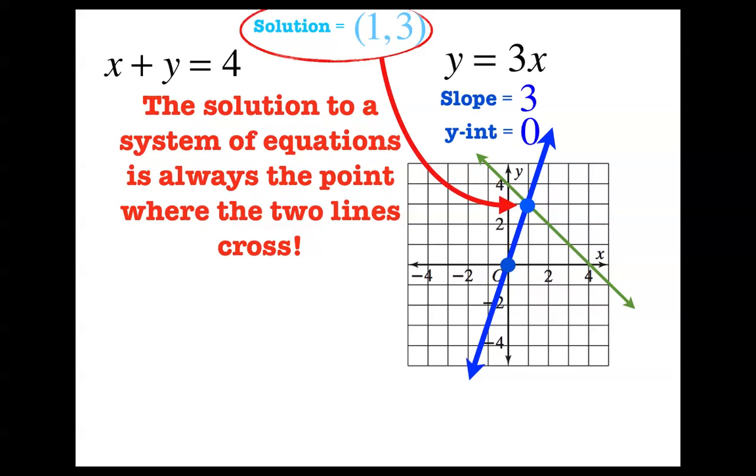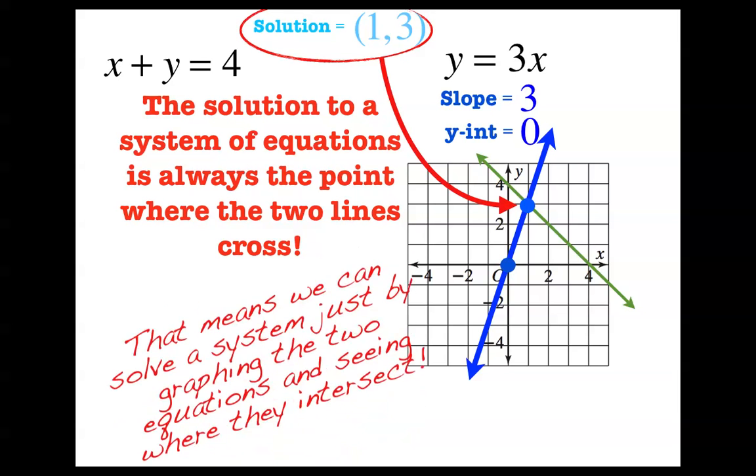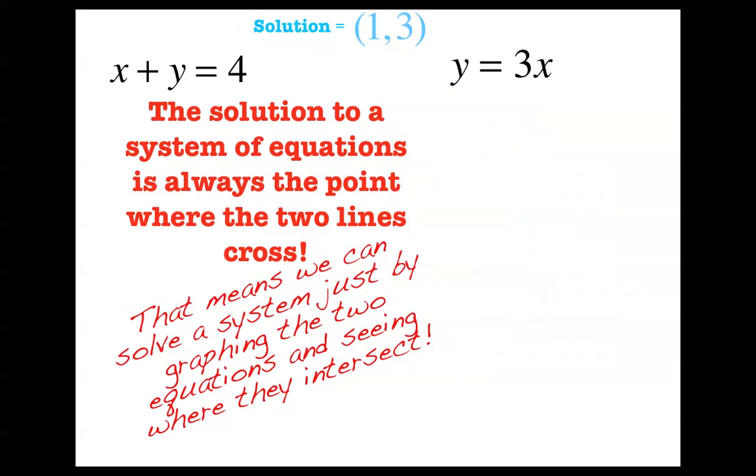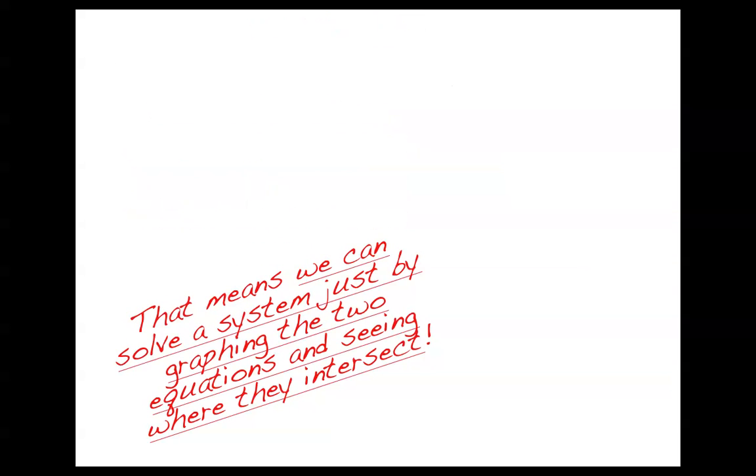Amazing! The solution to a system of equations is always the point where the 2 lines cross each other, the point where the 2 lines intersect. And what that means is we can solve a system just by graphing the 2 equations and seeing where they intersect.